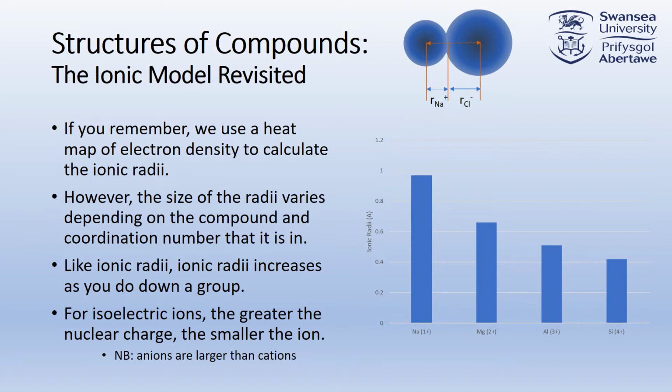So the more attraction to the nucleus, the smaller that ion is. It should be noted as well that anions are larger than cations. So this graph here on the right hand side shows our isoelectronic ions going across from sodium to magnesium to aluminium to silicon. Very poorly drawn line there.